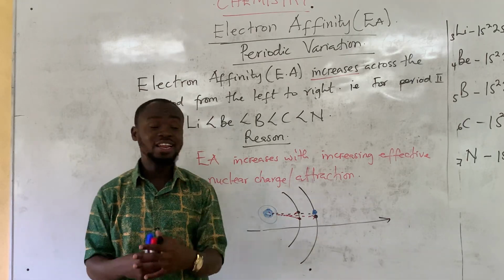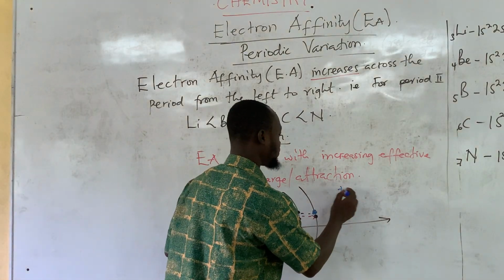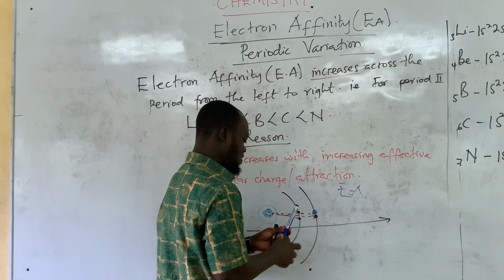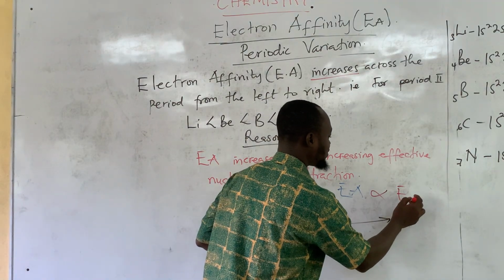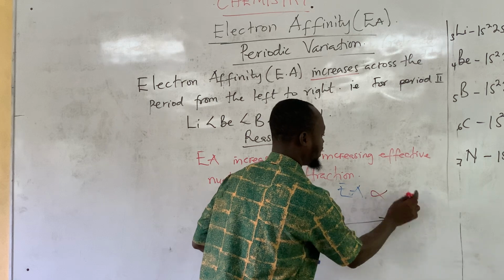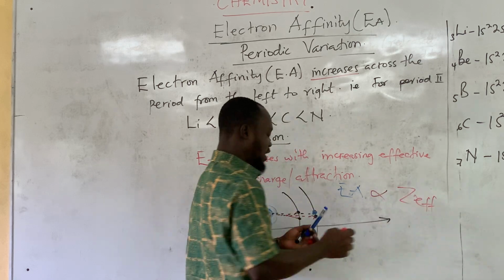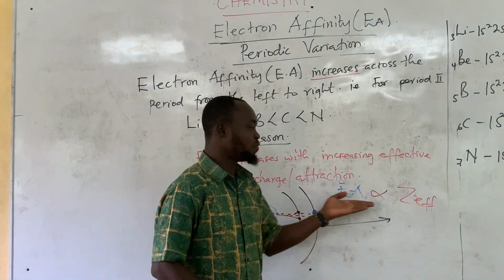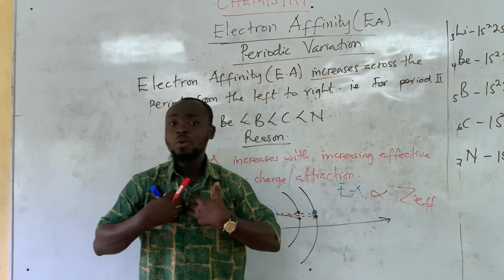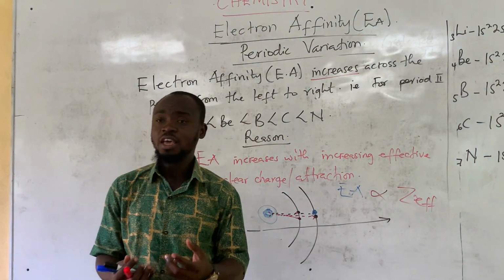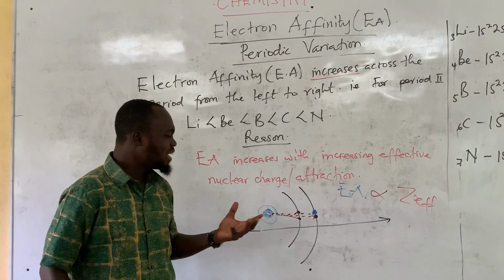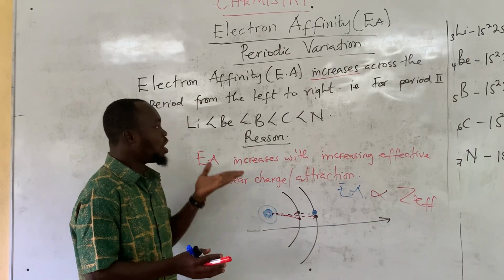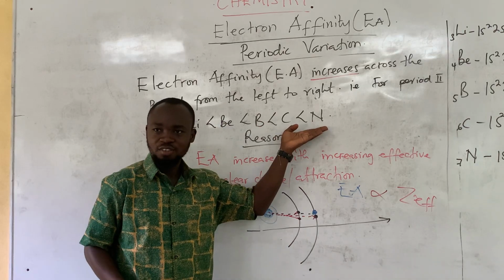Mathematically, we can say that EA is directly proportional to effective nuclear attraction, Zeff, because the work of effective nuclear attraction is to attract the valence electron. And that attraction is very high once you're moving across the period. You get the point?